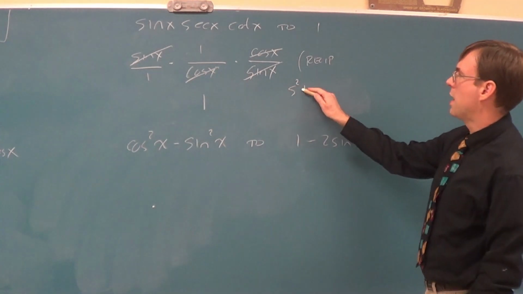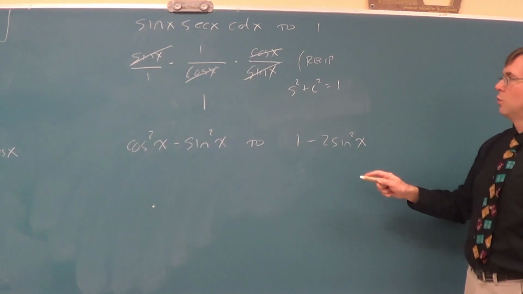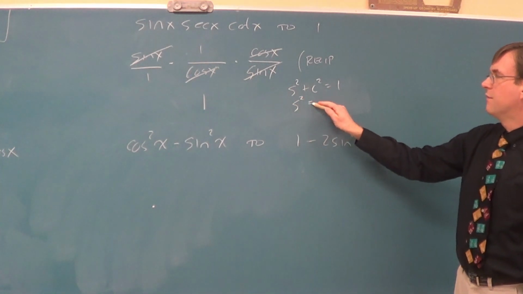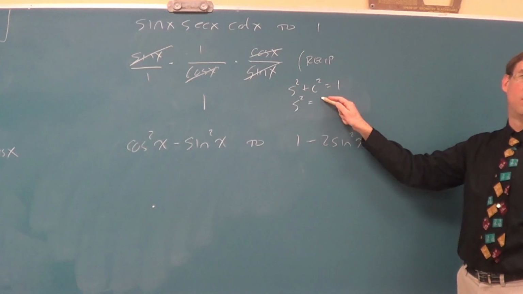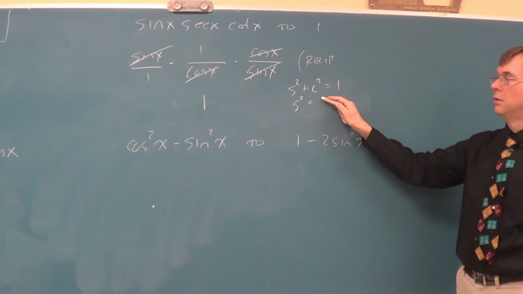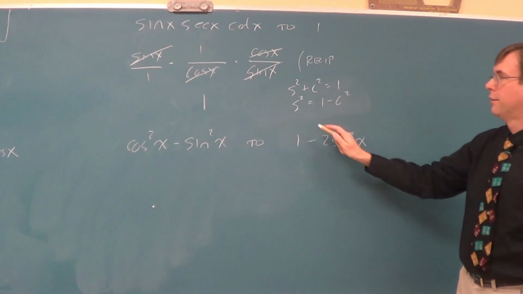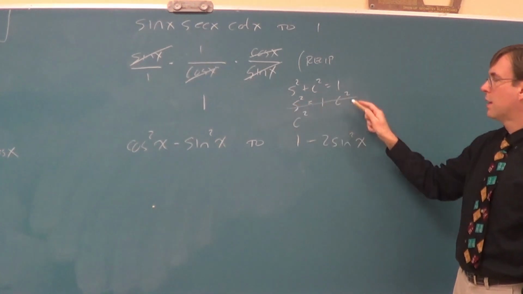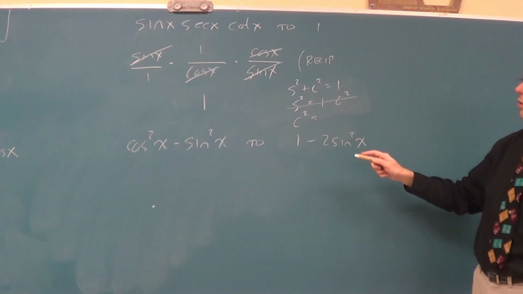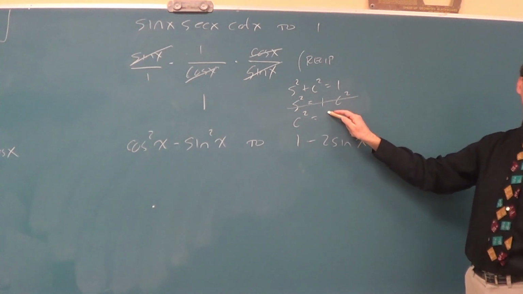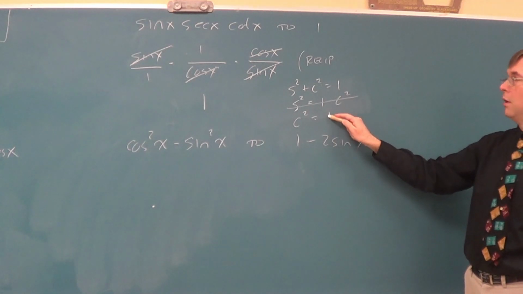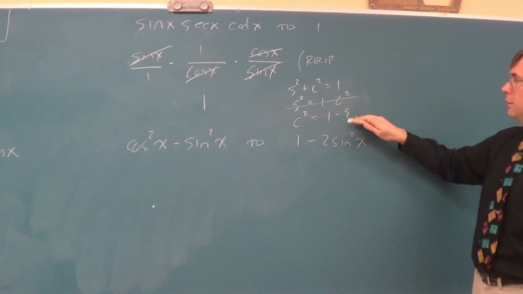So sine squared plus cosine squared makes 1. If I wanted sine squared alone, what would it equal? 1 minus cosine squared. Looking back at the original, if I wanted cosine squared alone, what would it equal? 1 minus sine squared.